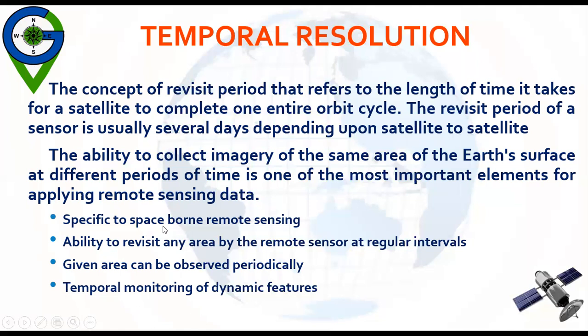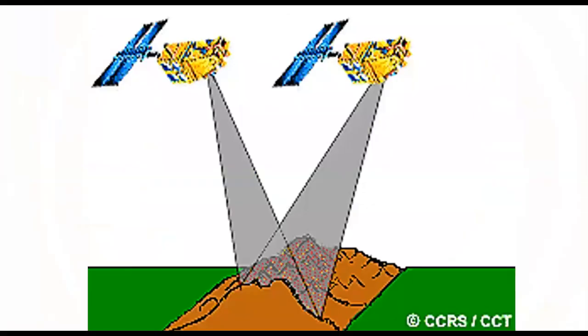So temporal resolution is specific to space-borne remote sensing, the ability to revisit any area by the remote sensors at regular intervals. This we have to remember. These 4 points are very important. So a given area can be observed periodically, and the temporal monitoring of dynamic features can be done.